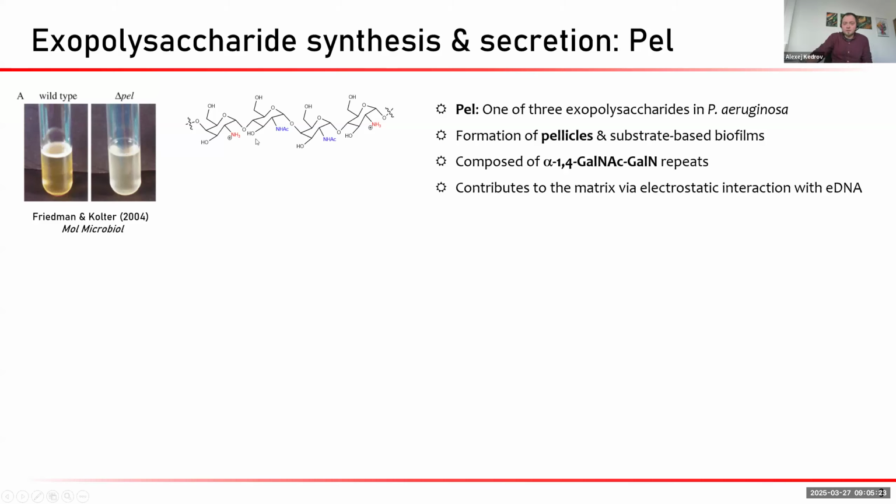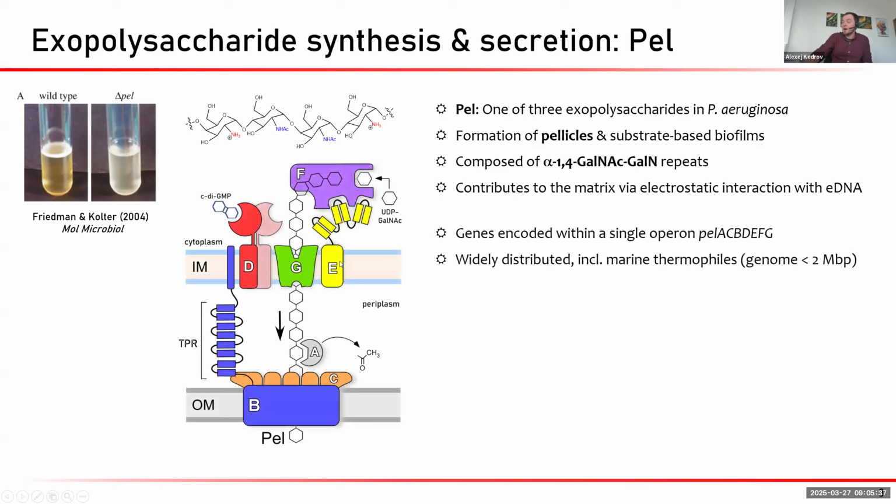What is known about PEL is that it's a linear polymer, partially charged, so partially cationic, with a positive charge, and it can interact electrostatically with extracellular DNA, contributing to matrix production. We also have an idea about all the components involved in synthesis and secretion.